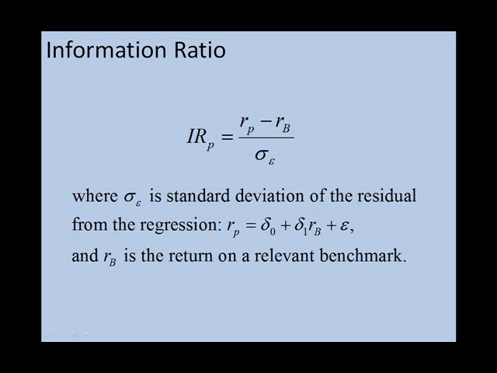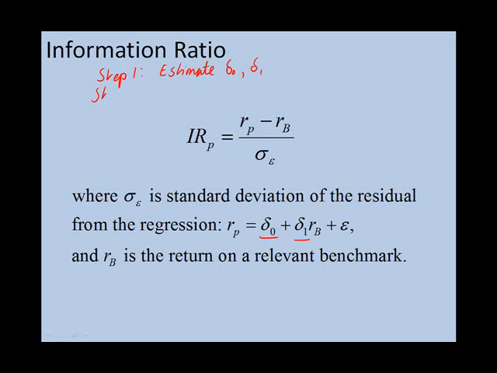The final ratio we're going to calculate is the information ratio. This is the most difficult to calculate in Excel. We're going to do it in 5 steps. Step 1, we're going to estimate delta 0 and delta 1.